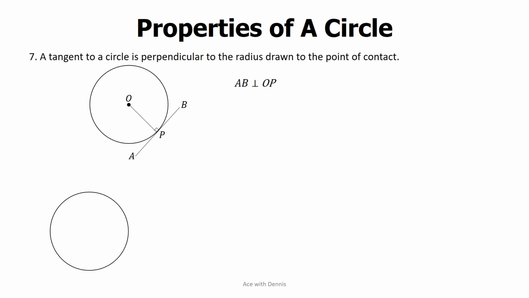This property can extend to another variation. Let's say this is a circle with the center at O, and we draw a radius and touch point A. So here is the tangent, and we do the same thing.